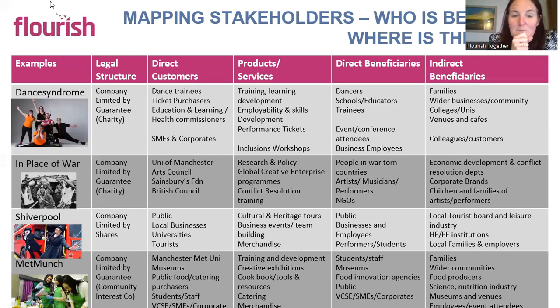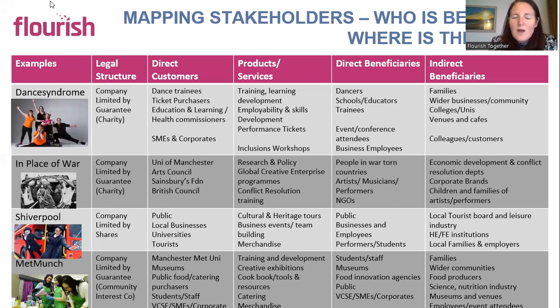With Dance Syndrome, their direct customers are dance trainees, so people that are coming to learn dance and take part in dance for people with varying levels of ability. Their direct customers are people buying tickets to come and see performances. Their direct customers are education and learning and health commissioners, so they've got people contracting them to do education and learning programs, and health and wellbeing programs.